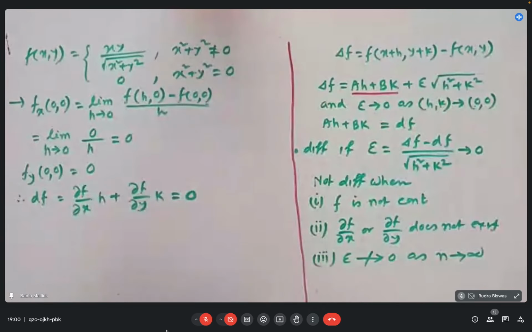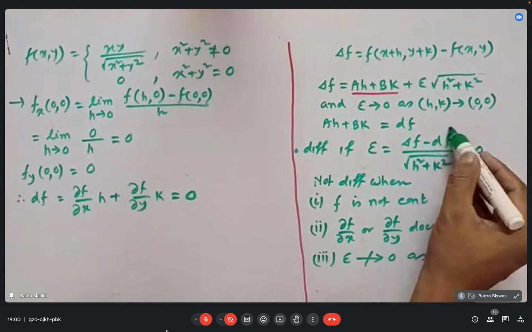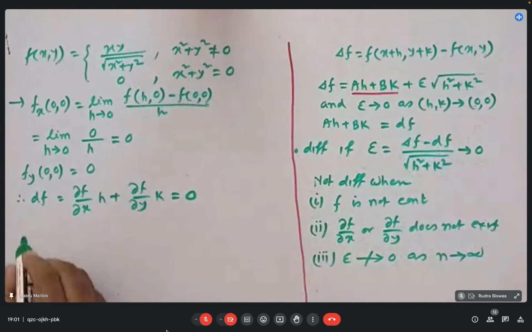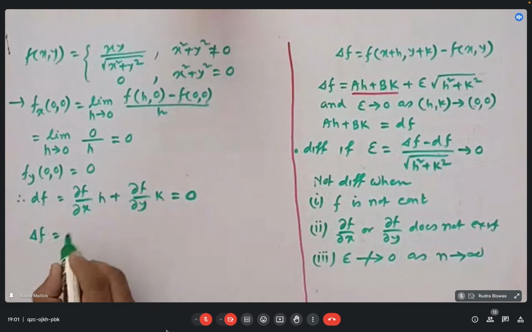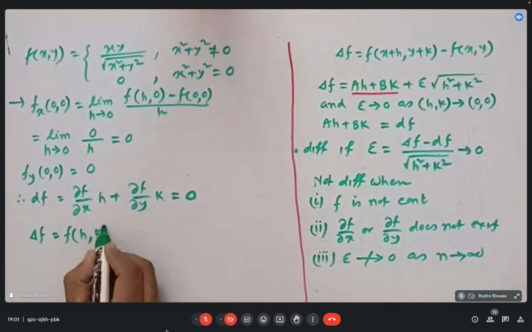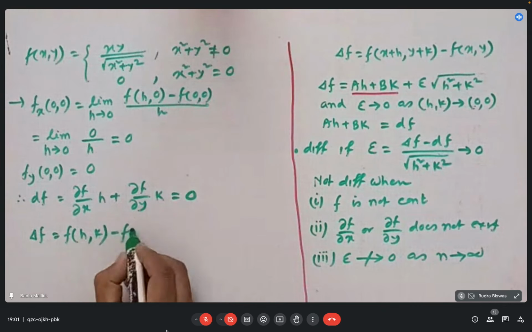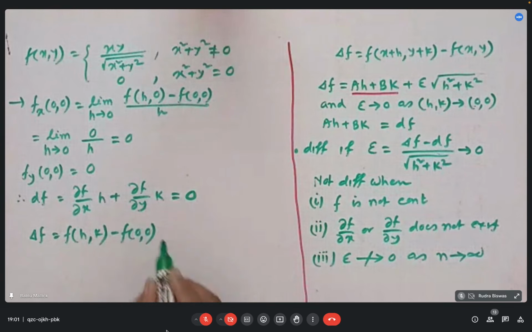So df is equal to 0. Now calculate delta f. So delta f is equal to f of (0 plus h, 0 plus k) minus f of (0, 0).